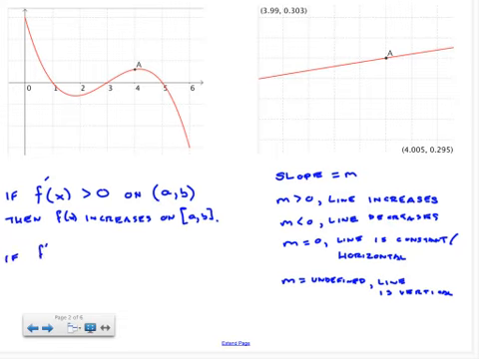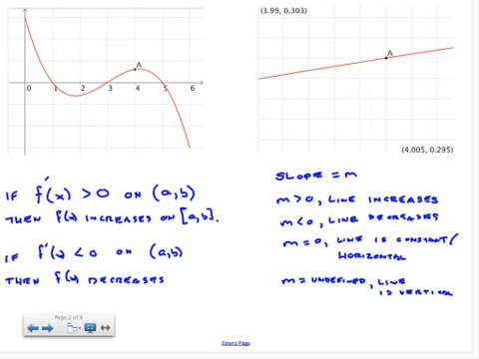If f prime of x is less than 0 on an interval, then your function should decrease. And again, I'm going to include the endpoints of your interval there, and you'll see why on the next slide.